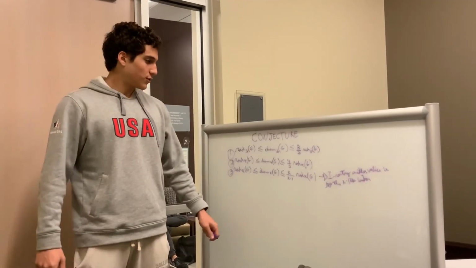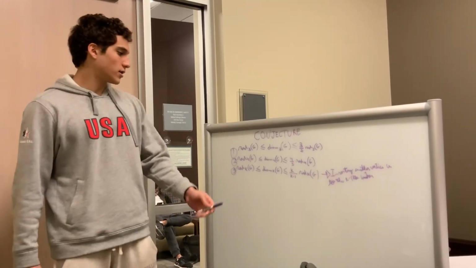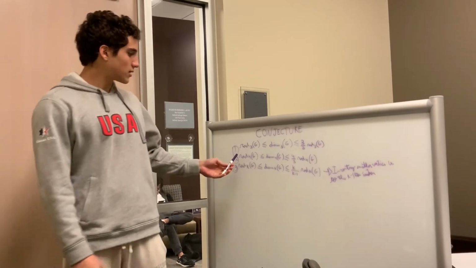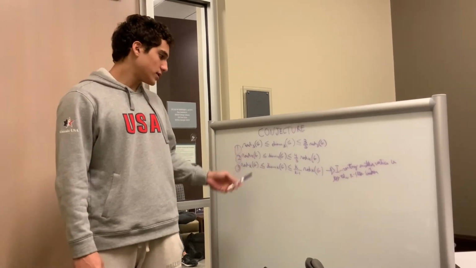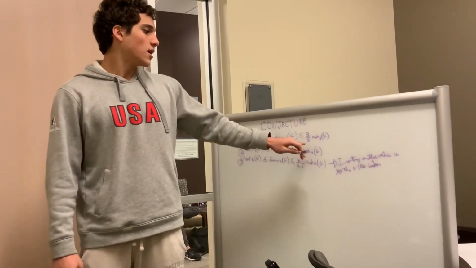So finally, we reached our conjecture by proving 1 and 2, which we have proven in the previous slides, that radius of 3 is smaller or equal to diameter of 3, smaller or equal to 3/2 of radius of 3.